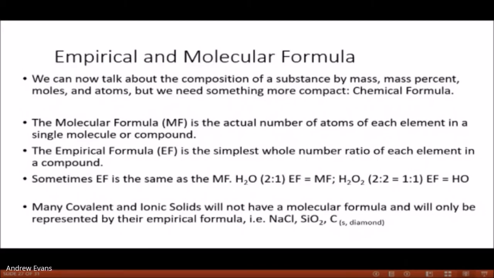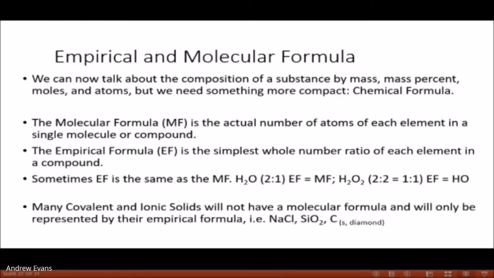The same way as if I look at a crystal of sodium chloride, it will just give me that for every 1 sodium, there is 1 chlorine. It won't tell me we have a bajillion sodiums and a bajillion chlorines. It'll just say there is a 1-to-1 ratio. So you're always going to find the empirical formula pretty easily. The molecular formula will be the one you have to scale up to.